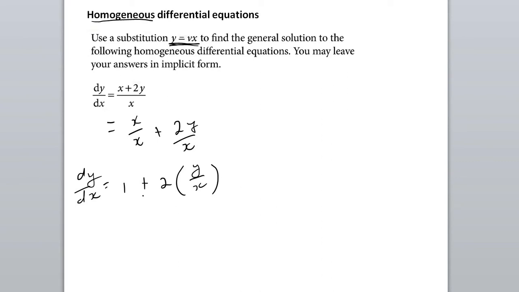Now once I have simplified my equation like this, let's take a look at y is equal to v times x. If we differentiate this, in other words dy/dx, I should treat the v as a separate variable. So the moment I differentiate this in terms of x, I'm going to say that this is a product.